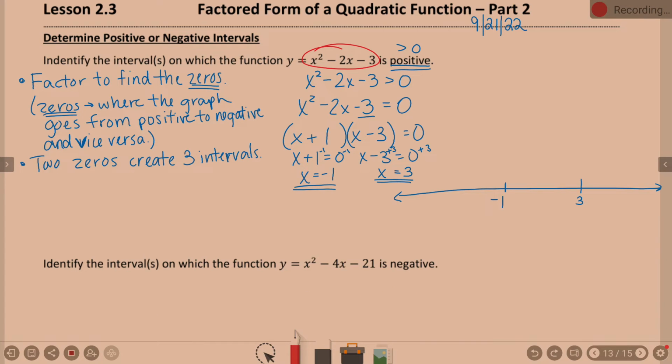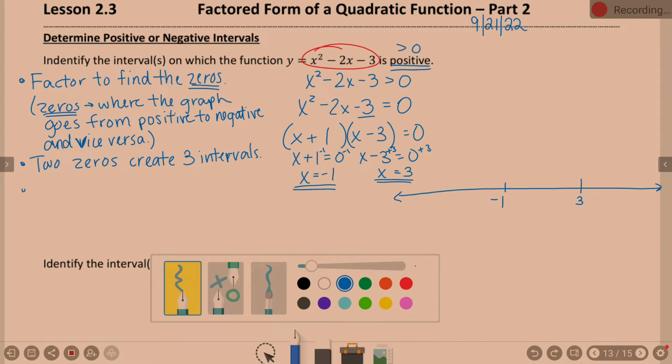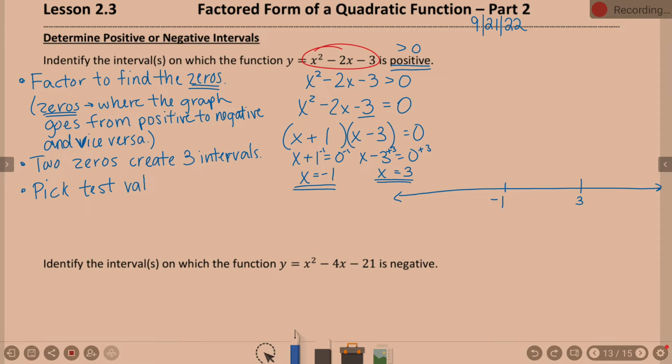I want to find, is x squared minus 2x minus 3 positive or negative right here, and right here. So the third piece is to pick test values for each interval.